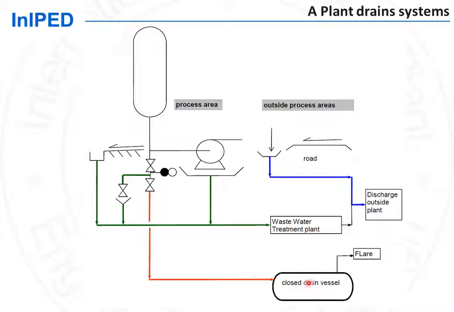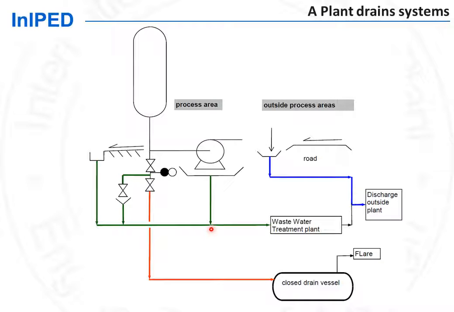These vapors need to be safely disposed of by burning at the flare. The open drain network, shown here in green, collects non-hazardous liquid from process equipment. For example, the water used for the periodic hydrostatic test of the equipment.